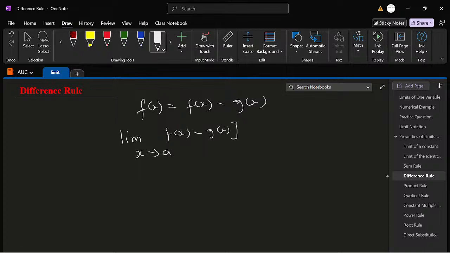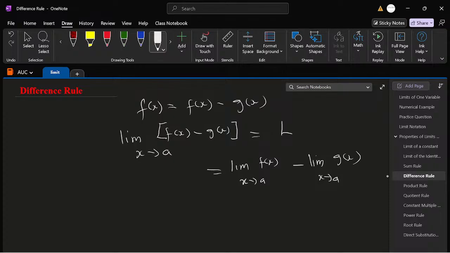So the limit as x approaches a of f of x minus g of x, and you may want to put a square bracket here to show that the whole of this represents the function, is equal to L. What will the limit be now? You can separate them by writing the limit as x approaches a of f of x, minus the limit as x approaches a of g of x, similar to the sum.